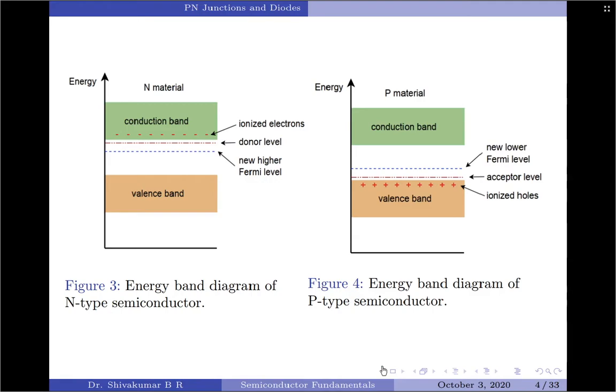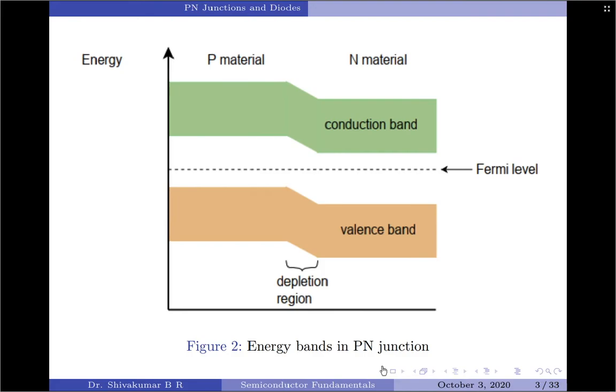When two dissimilar regions adjoin, as in the case here, the energy bands will adjust so that the Fermi levels are consistent. Effectively, this causes the bands of the p material to rise relative to the bands of the n material. The interface between the two appears as a hill, and this is the aforementioned depletion region. This situation is depicted graphically in figure 2.